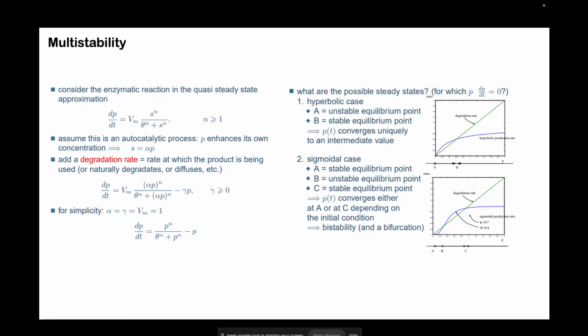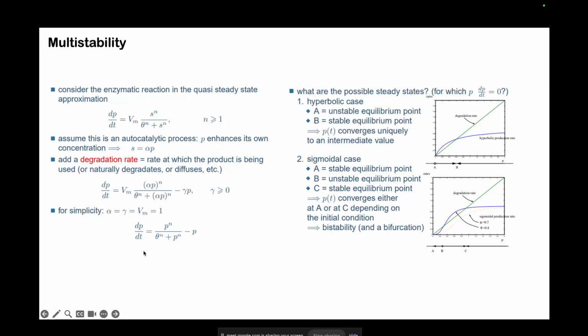So for simplicity, assume a steady rate alpha, and you assume S equal to alpha P, replace these values with alpha P, and add a degradation constant as well, which is gamma P. For approximation, they have taken alpha, gamma, and Vm as equal to 1. So this is what your particular equation becomes.